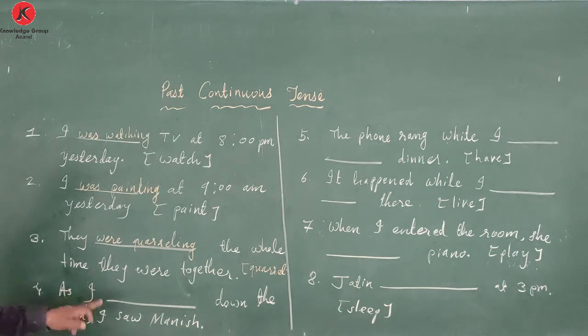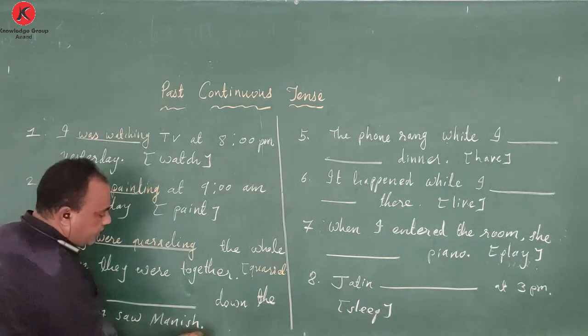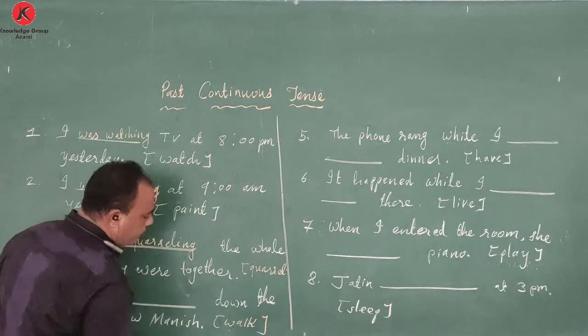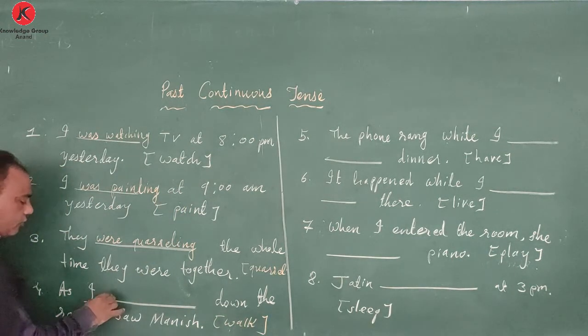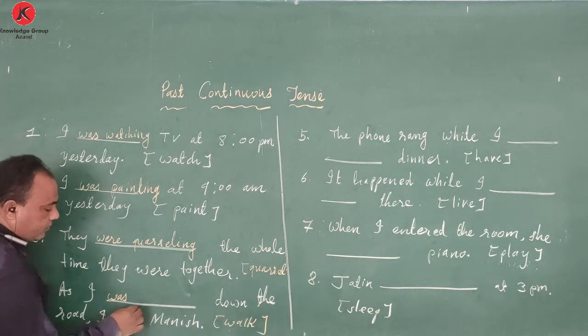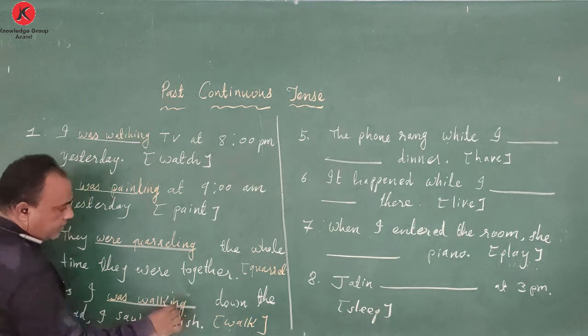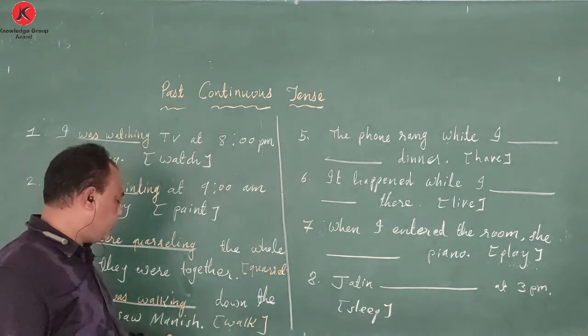As I dash down the road, I saw monies. Here also the clue is not given. Let me write the clue. Walk. Walk is the clue. As I was walking down the road, I saw monies.